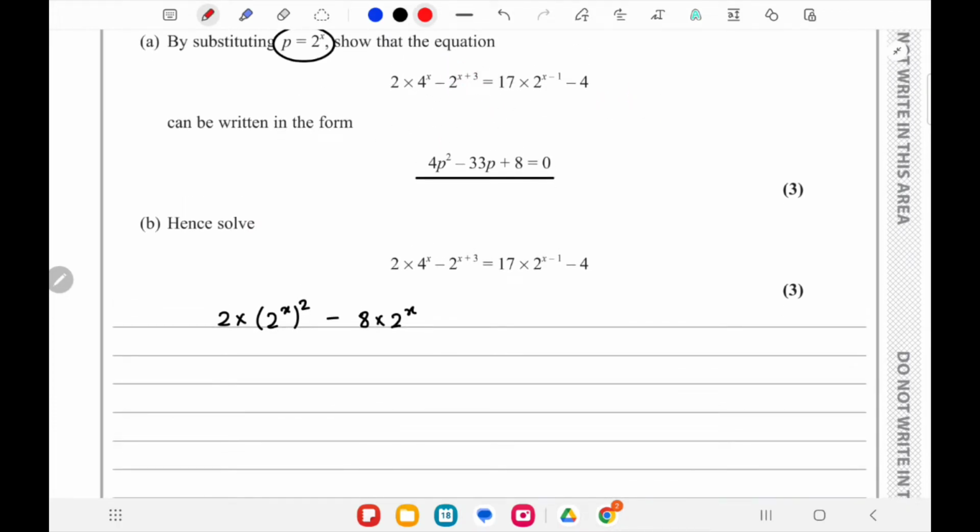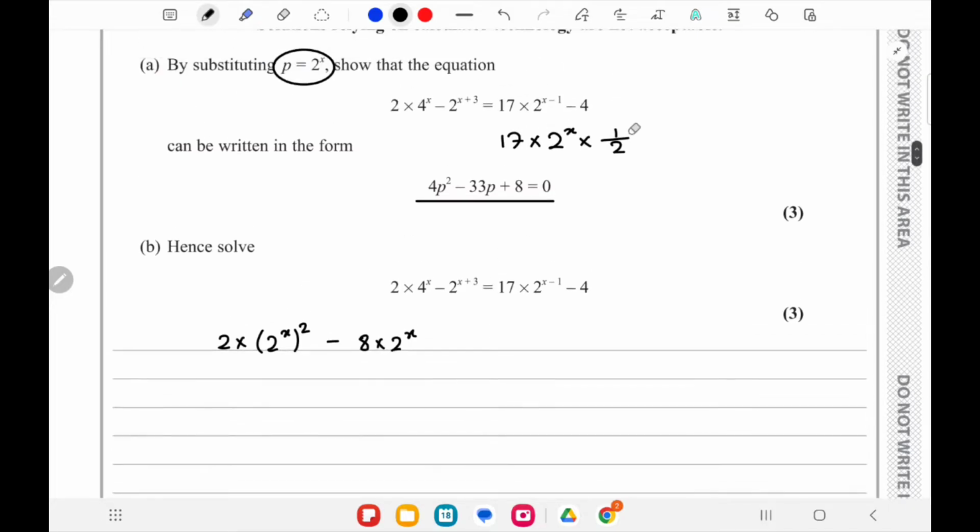On the right hand side you have 17 into 2 to the power x minus 1. So you can just write it as 17 into 2 to the power x into 1 by 2, or 2 to the power minus 1.